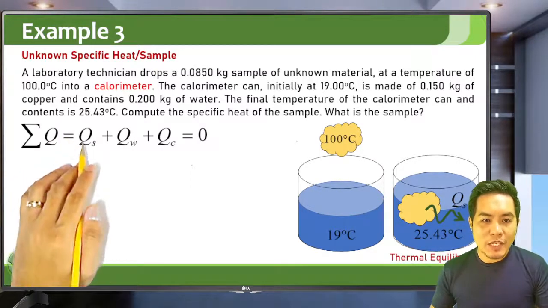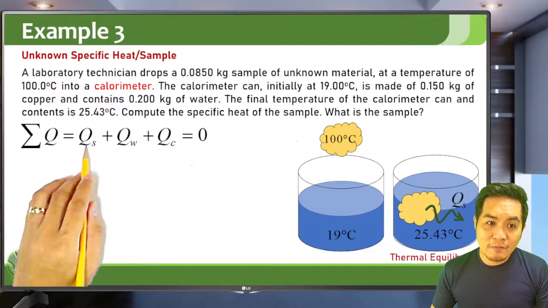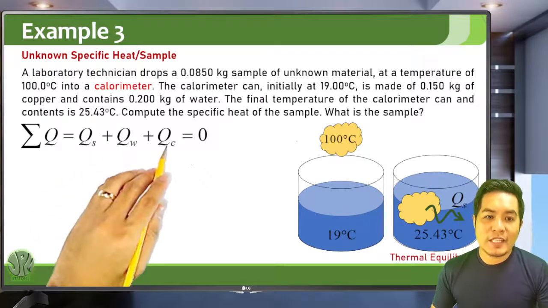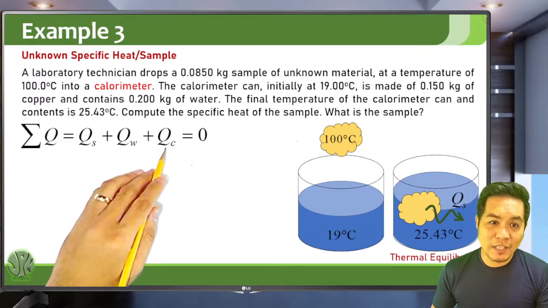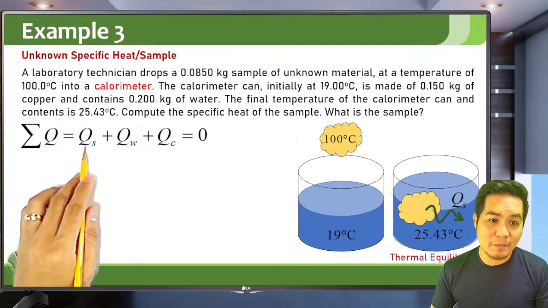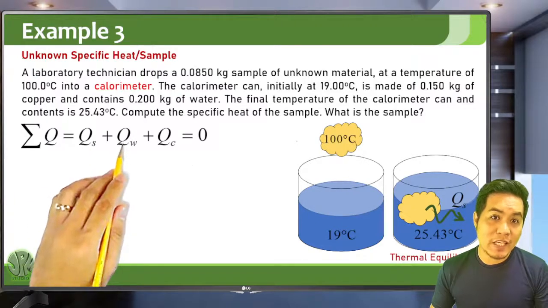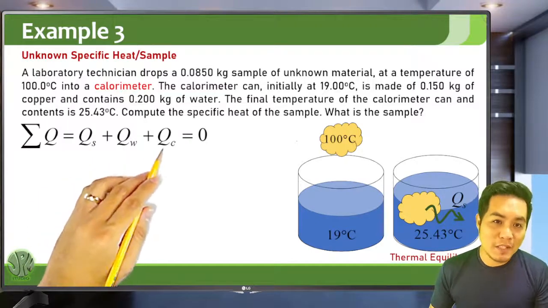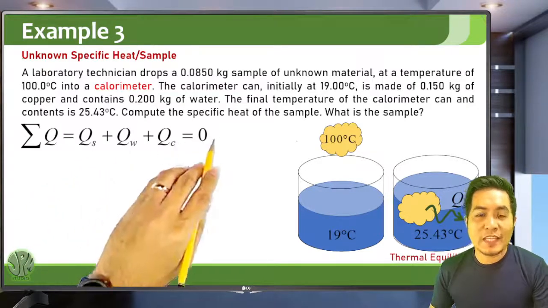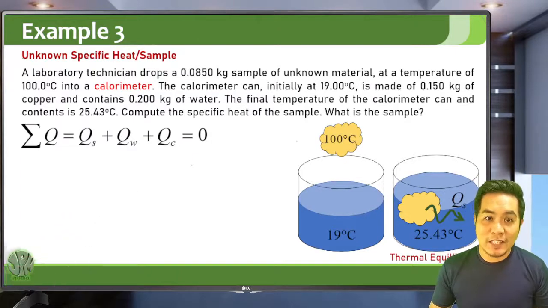So the total heat is just the heat released by the sample, plus the heat absorbed by the water, plus the heat absorbed by the calorimeter can. This term is negative because this is heat released by the sample. This is positive because this is heat absorbed by water, and this is positive because this is heat absorbed by the calorimeter copper can. If you add all of these three, you will get 0 because the heat is conserved.